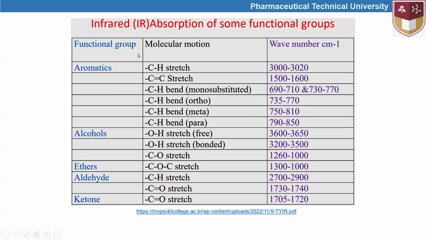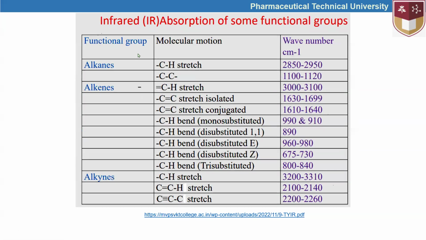And these are, while we are comparing the absorption of different functional groups, I wanted to say, and this is about infrared absorption of some functional groups. This is the continuation. I would like you to pay your attention to.